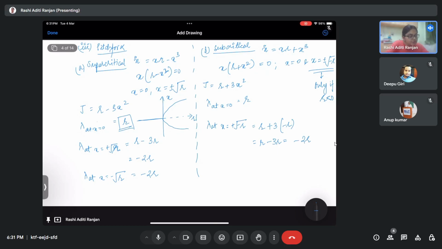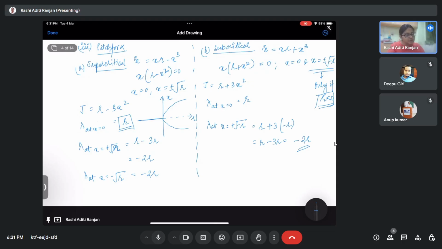Now here, both of these fixed points are going to exist only if r is less than 0. But for r less than 0, this becomes positive, which means that both the fixed points are unstable.